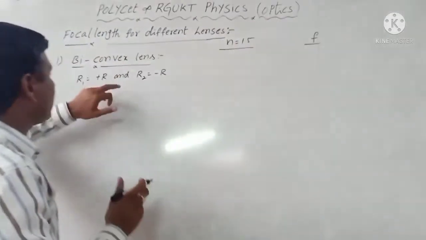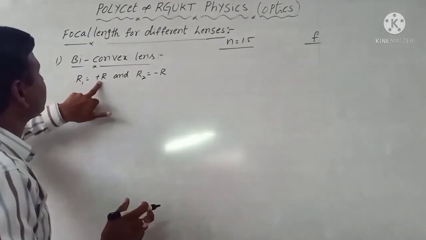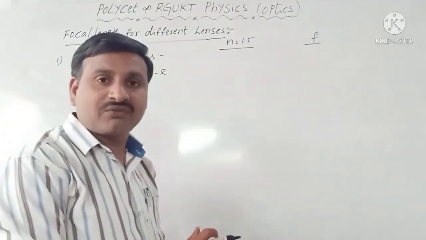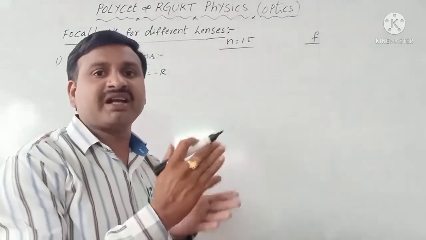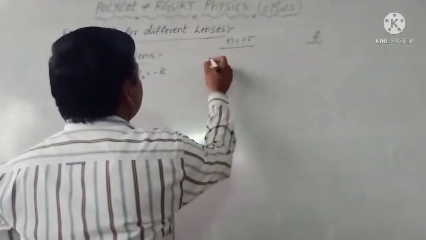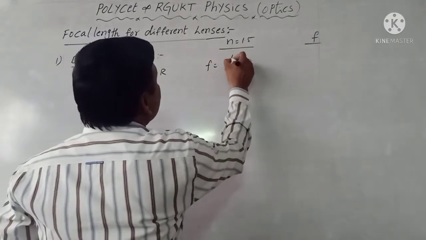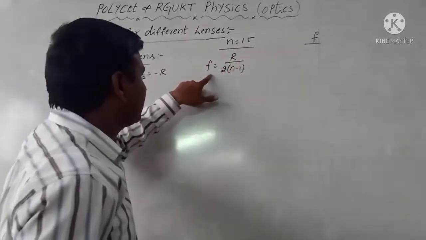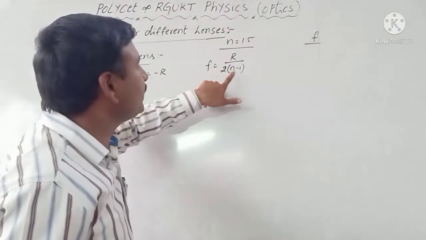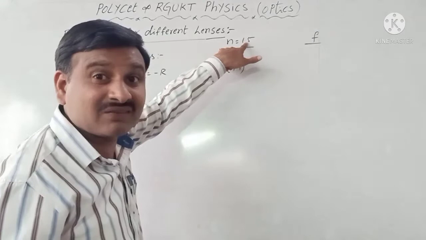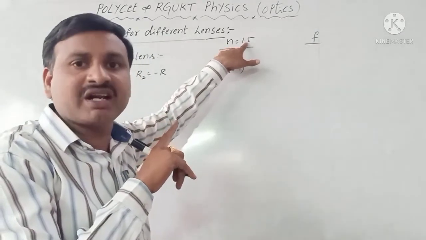So R1 value is plus R and R2 value is minus R. These two values are substituted in the lens maker formula, 1 by f equal to n minus 1 into 1 by R1 minus 1 by R2. We get the formula f equal to R by 2 into n minus 1. Already you know the refractive index of glass is 1.5 or 3 by 2.